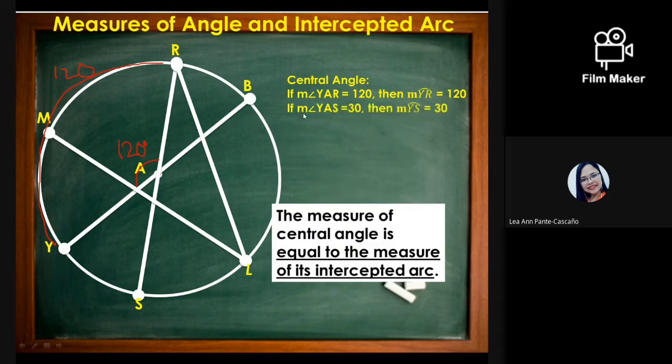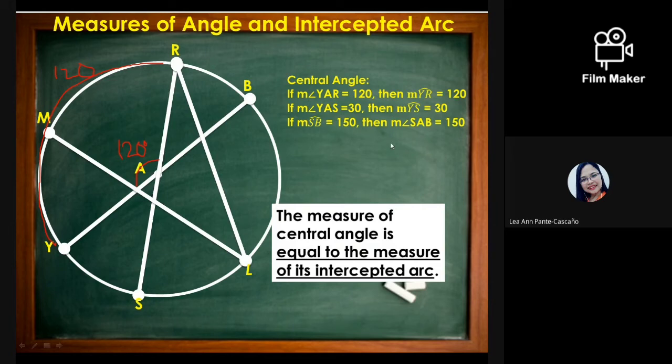Next, if YAS is 30 degrees, therefore, YS is also 30 degrees. If arc SB is 150, then our angle SAB is also 150.